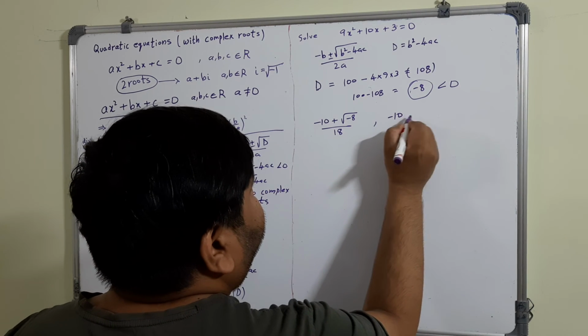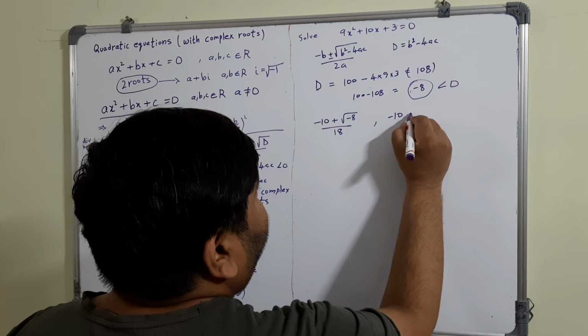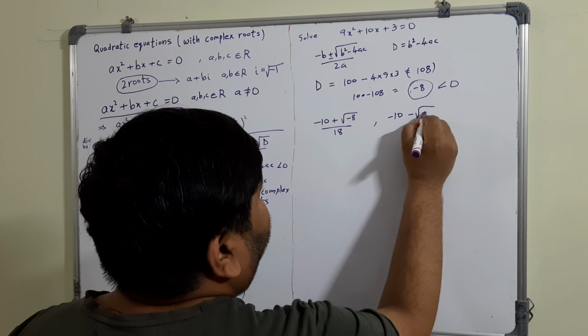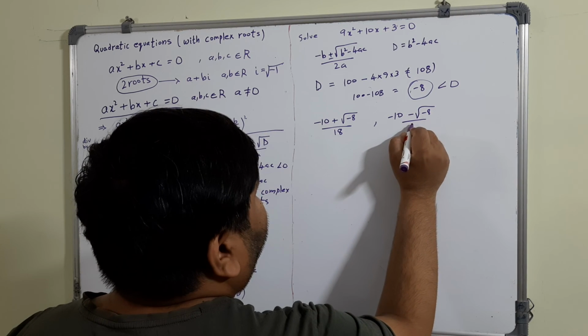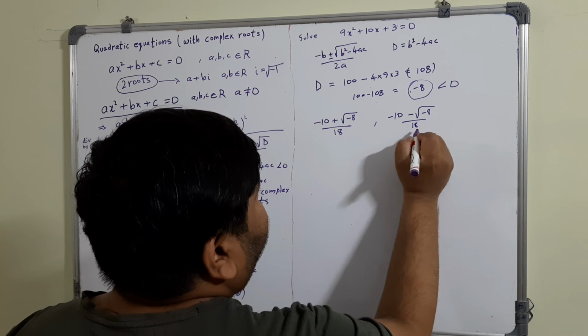And minus 10 minus root under minus 8 by 2a, which is 18.